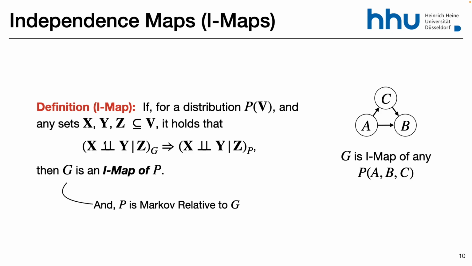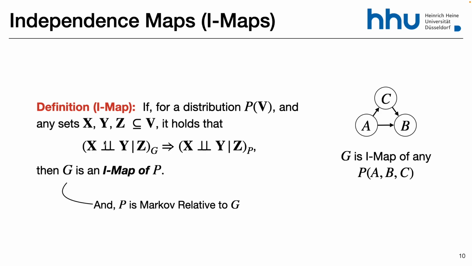So just telling you that every separation in the graph implies real independences in the distribution doesn't tell you much. I can give you a complete graph, and this is going to be true all the time because there's nothing being implied by this graph, so I can never make this wrong. So always a complete graph is an IMAP.